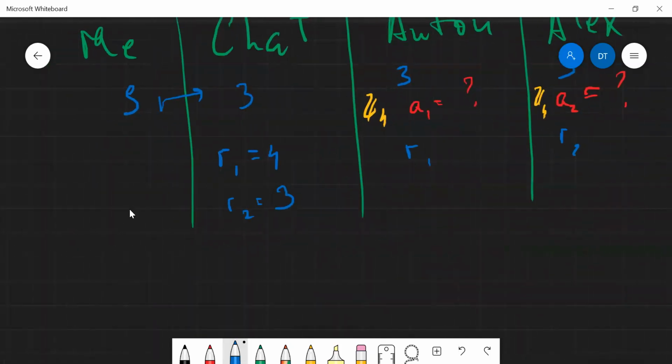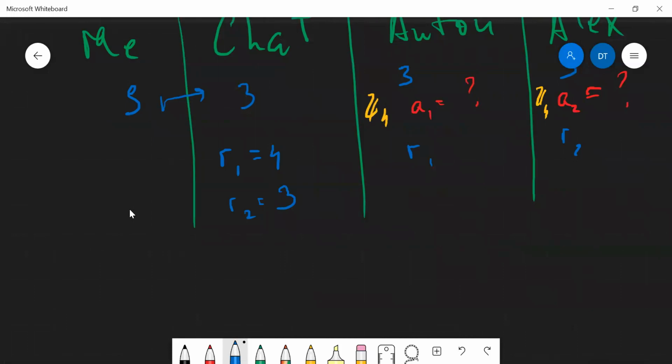So now I want to send you a message. I will send a message to Anton and to Alex, and I want the chat to brute force and try to decrypt the message I'm sending, okay? Just give me a second, I will write down the message.